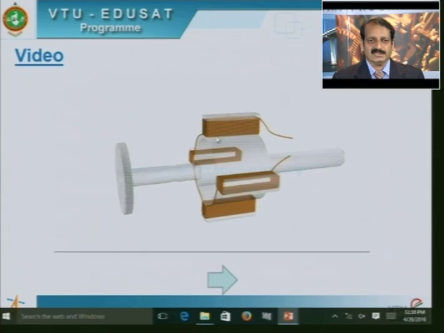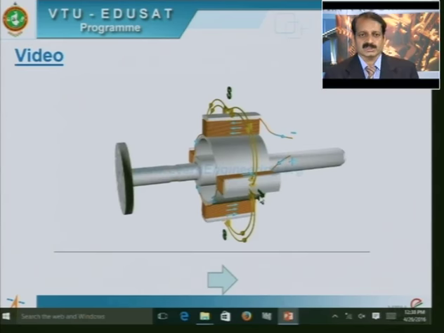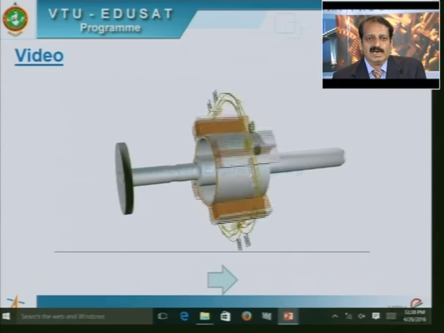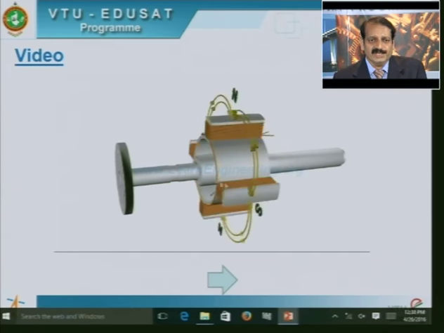And here you can see the field winding, and whenever the DC current is passed through the field winding, it produces magnetic flux, and the magnetic flux produces poles alternately north and south, and this is rotating as seen in the video.